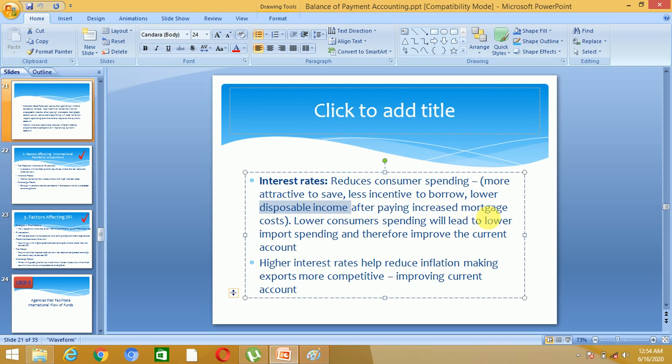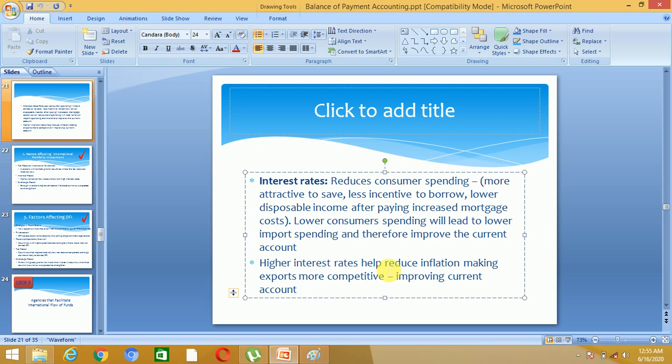After paying increased mortgage cost. Lower consumer spending will lead to lower import spending and therefore improve the current account. And when you do not spend, your imports will decrease. It will make your current account better.